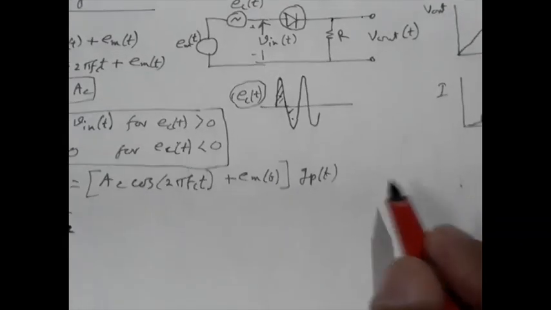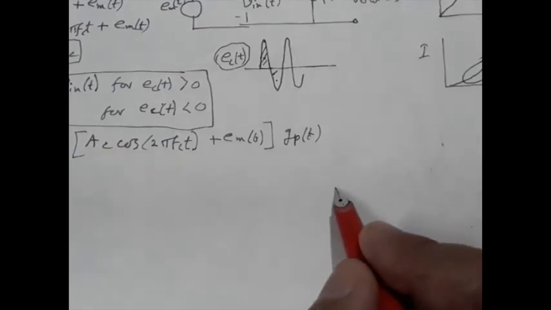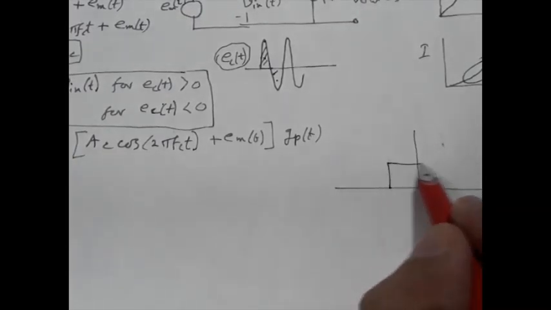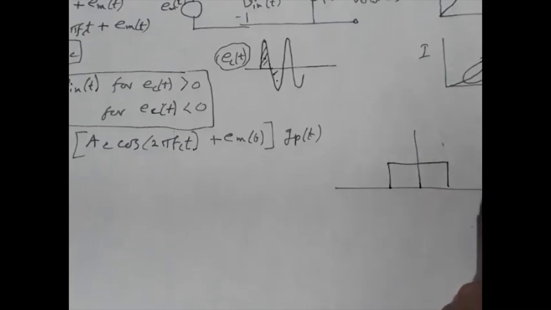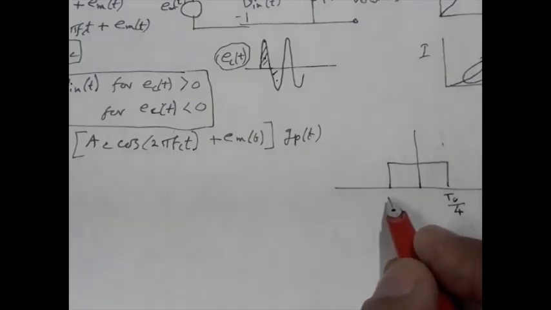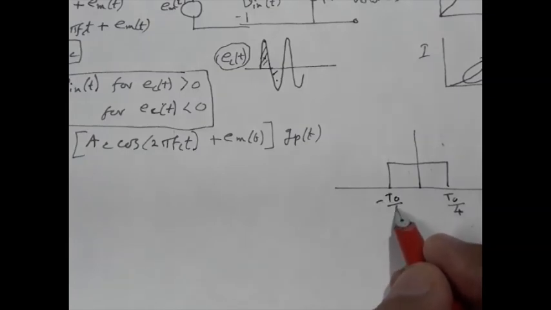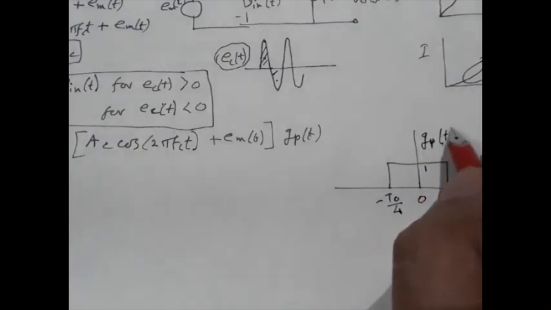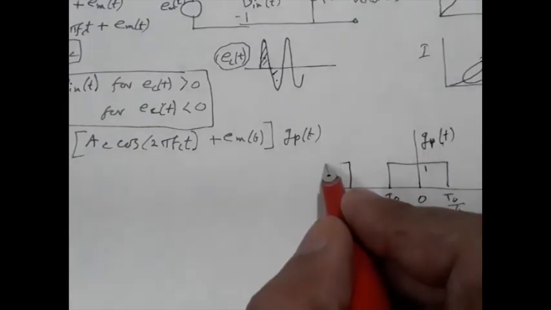So if we plot this g(t), it will be something like this.